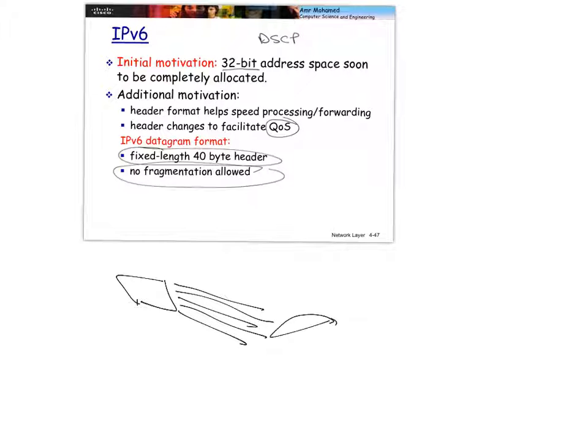And then, if you have a router here, you need to be able to differentiate between these flows, okay? So the priority will not be enough in that case. What you need to have is an identification for each of these flows, in order to make a decision at the router to differentiate between these flows.